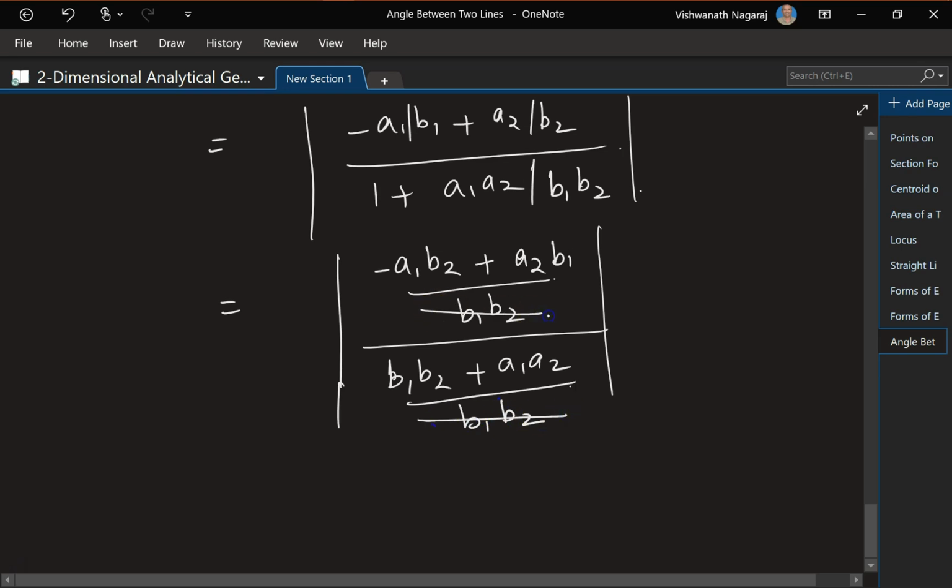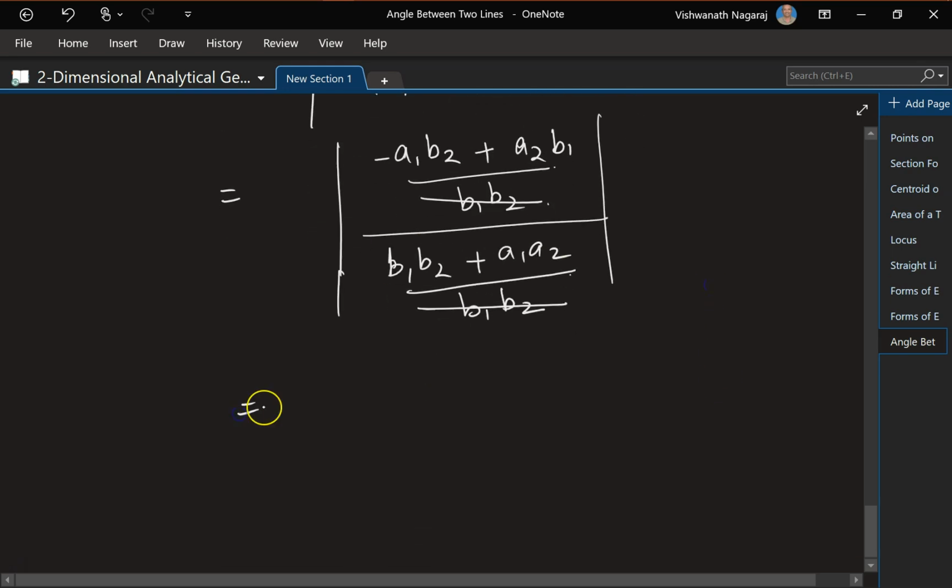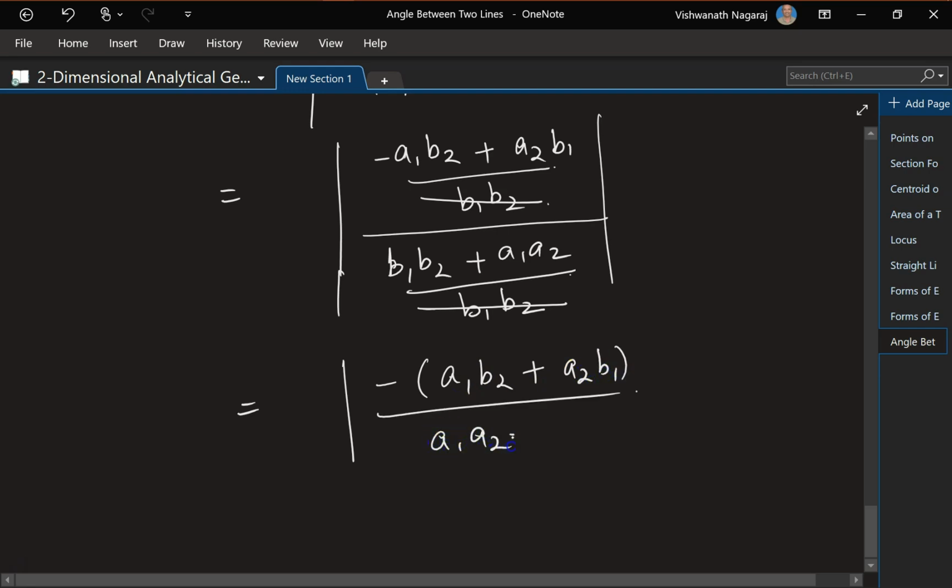So this and this get cancelled and we are left with, let's take minus out so that we can start with a positive number, a1 b2 minus a2 b1 by a1 a2 plus b1 b2.